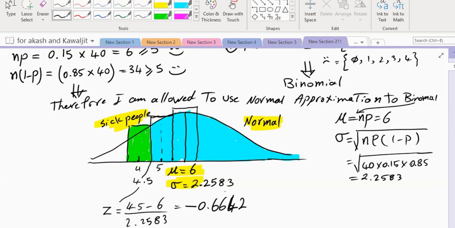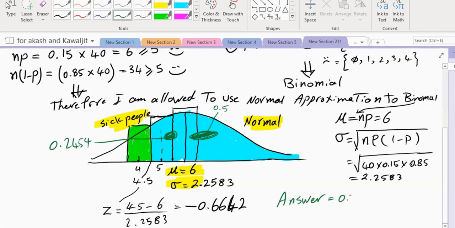That gives us 0.2454. And then how much is this other area? 0.5. Therefore, the answer to the question is 0.2454 plus 0.5, which is 0.7454. Good.